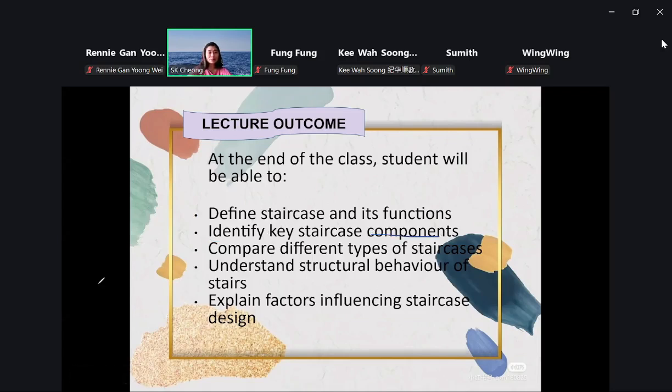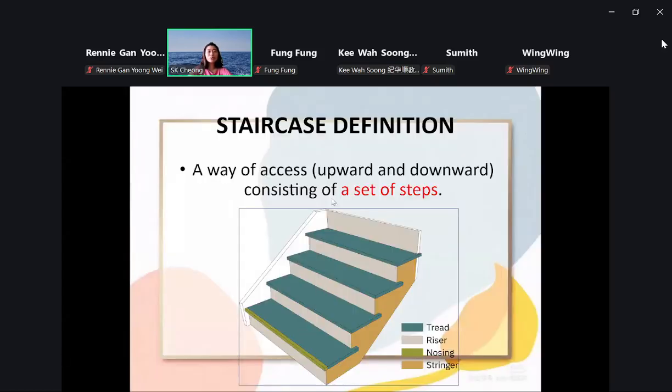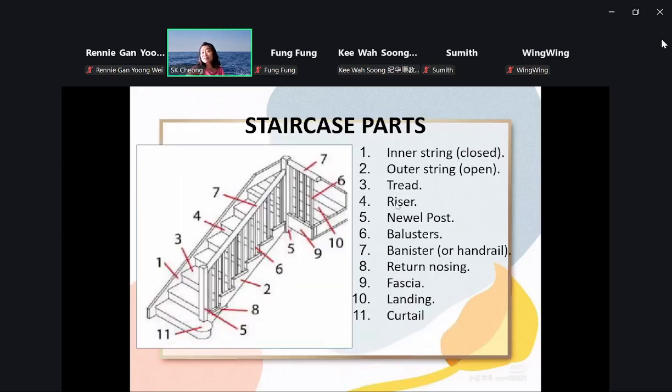Questions about staircase will be mostly about your understanding of the parts. Probably not too hard for you to sketch this. I think it is easy for you guys to remember 1 to 10 or 11.